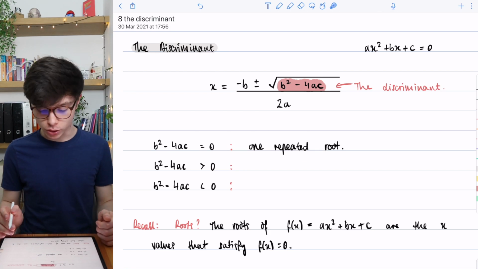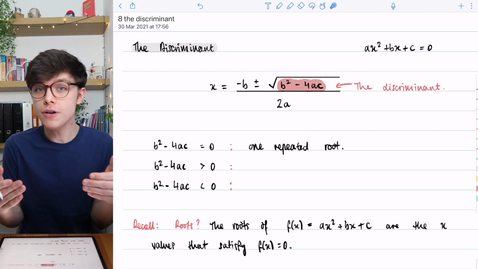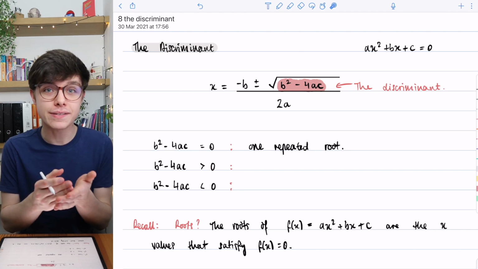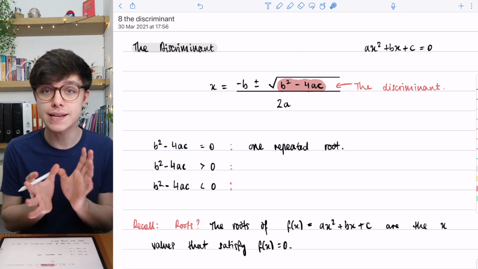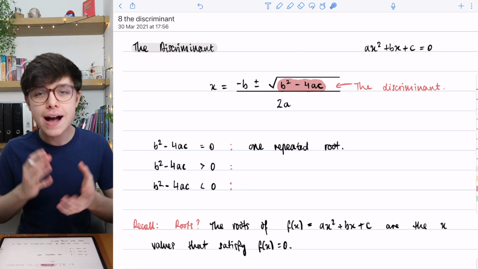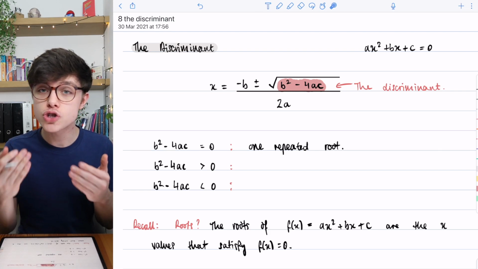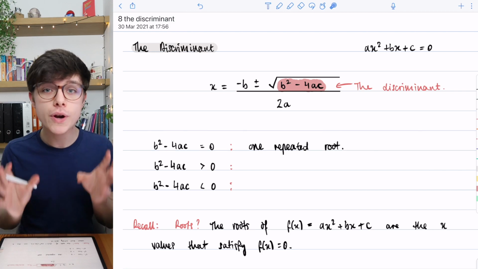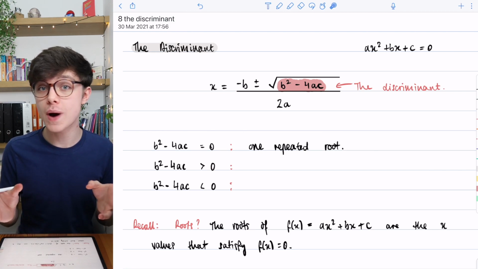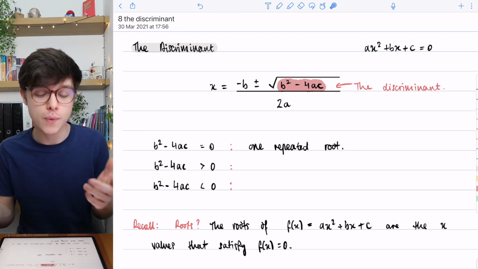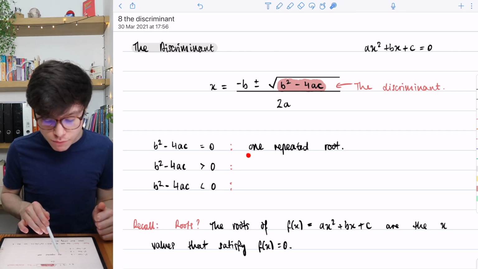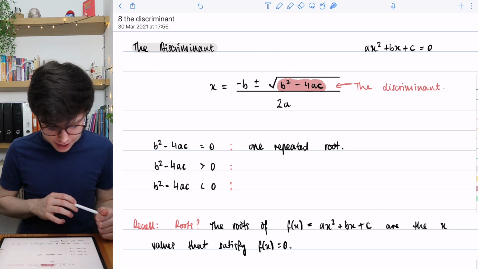For example, we might have the root 1, but we have it twice. It's one root, but repeated twice. A little bit hard to get our head round, but because we always have two roots, we might have the root 1 twice, or the root 16 twice, or whatever. We have that same root, just repeated.